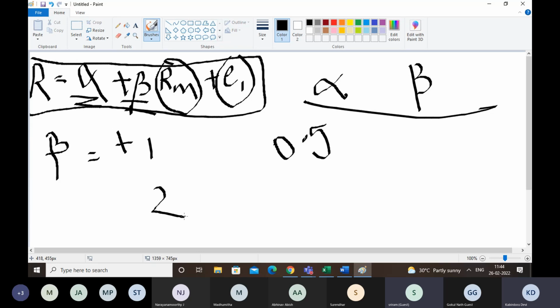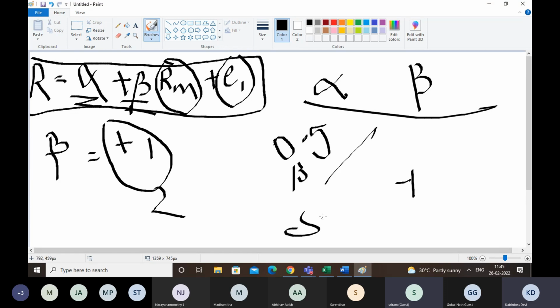And you can also have negative beta values, which indicate that the stock moves in the opposite direction. So if beta is negative 1, when the market moves positively, the stock moves in the opposite direction. Whenever there is positive correlation, the beta moves upward and the stock also moves upward.